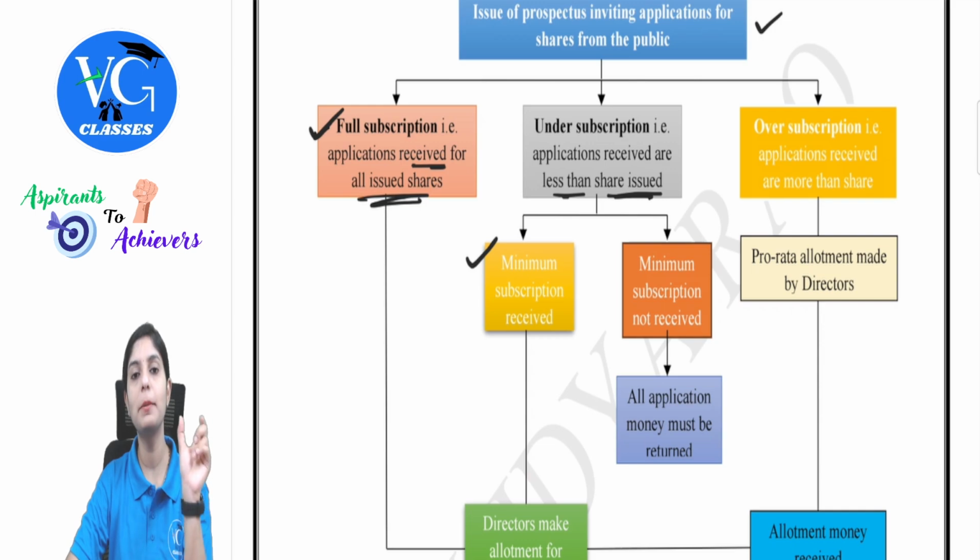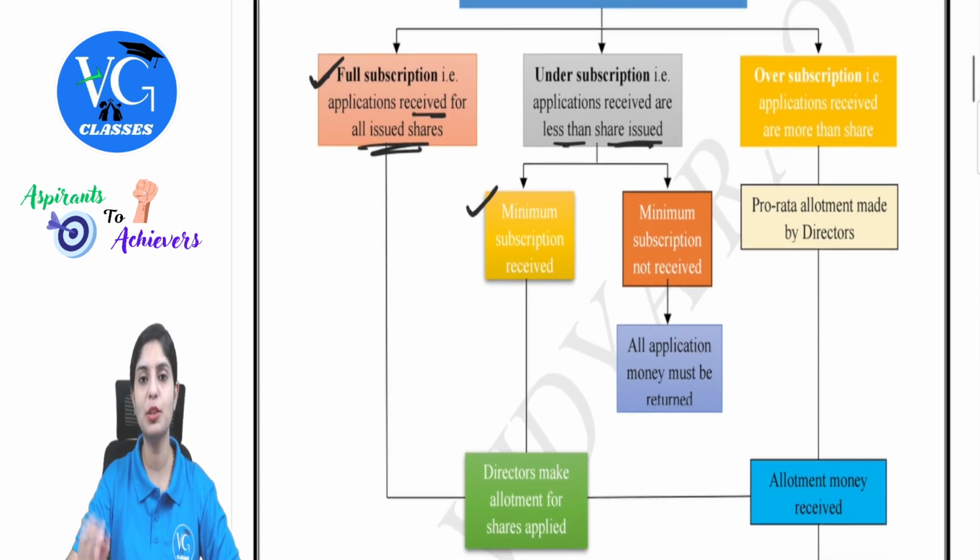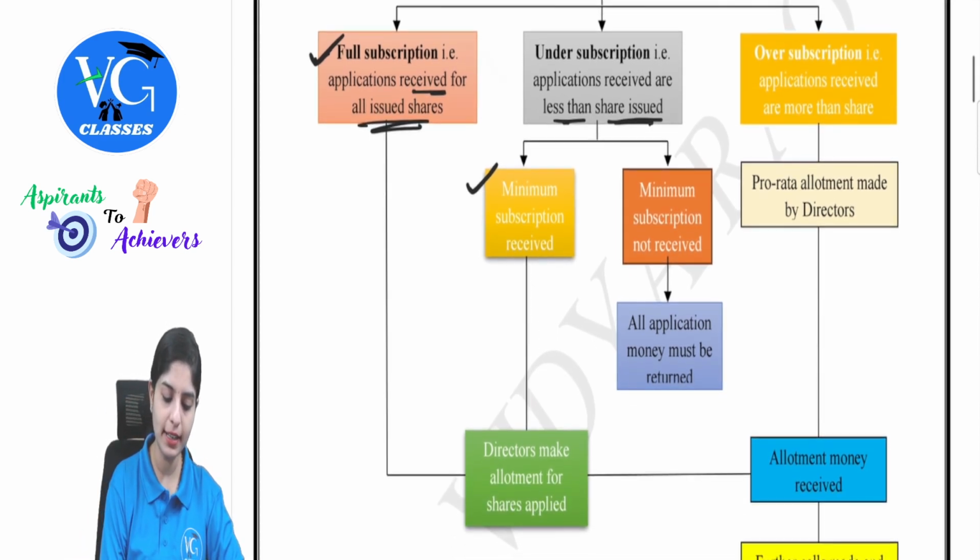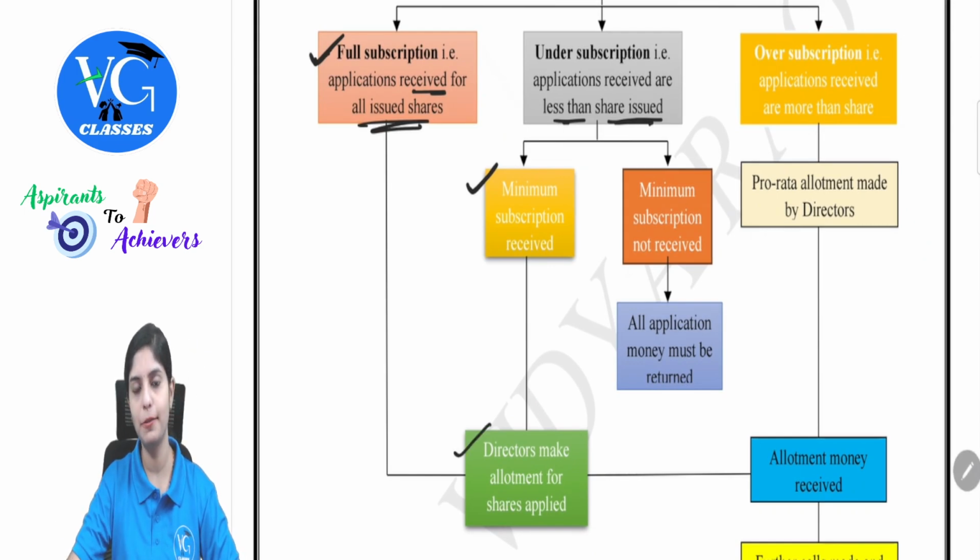So this is nothing but minimum subscription. Only if minimum subscription is met, the law allows the company to further go and allot the shares. When it is a situation of under subscription, the first requirement is to check whether the 90% point is met or not. If minimum subscription is received, the directors will make allotment of shares applied for.